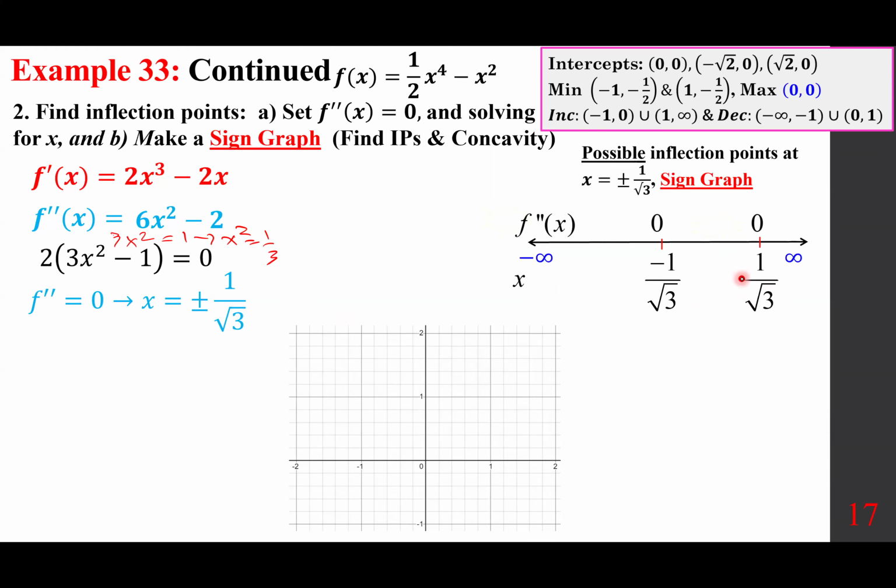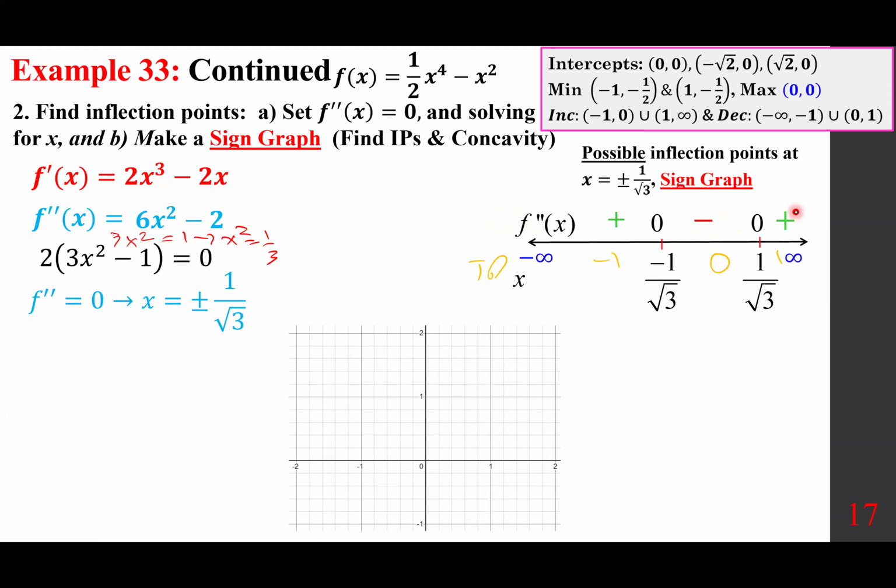And in between, if you want to go with the test point, obviously the easiest number in between would be 0. And over here is negative 1, over here is positive 1. And because there are two answers, this was degree 2, they will alternate. Just evaluate it at 0. So if I plug in 0 here into f double prime, I get negative 2. I just want the sign, negative. So they will be positive on the other side.